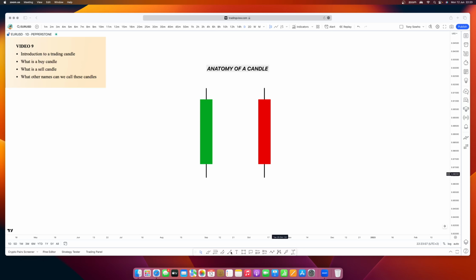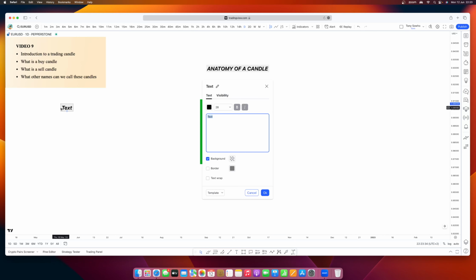If we're going to explain the anatomy of a candle, one of the first things I need to tell you is that every candle has an open, a high, a low, and a close. That is how a complete candle should come out.